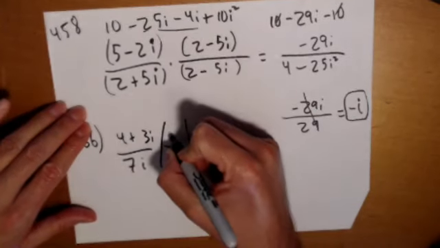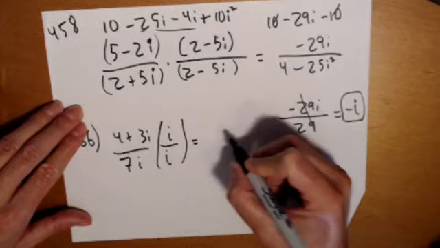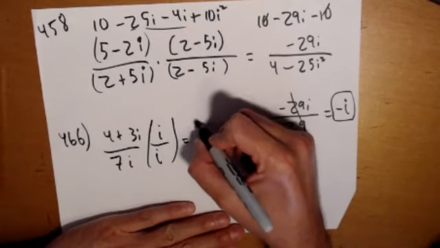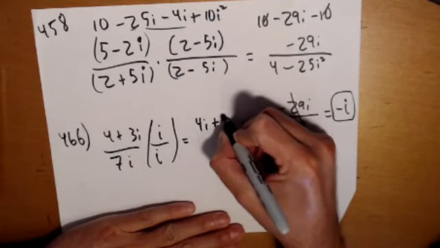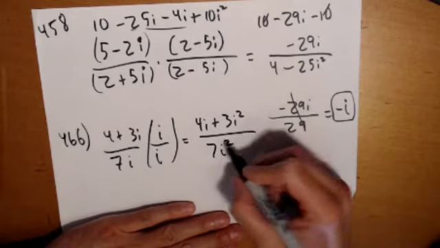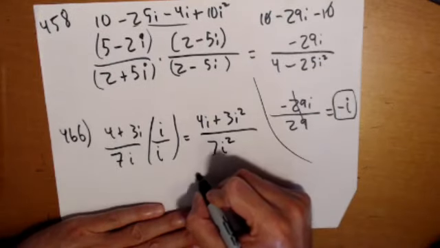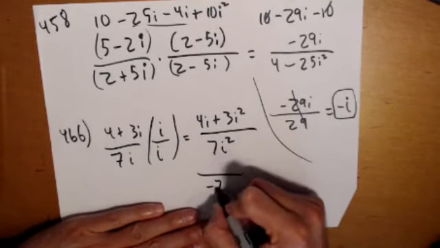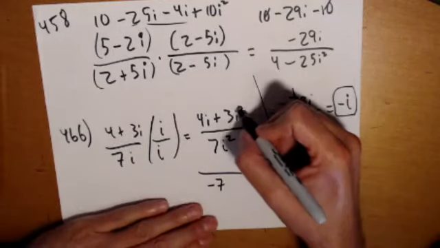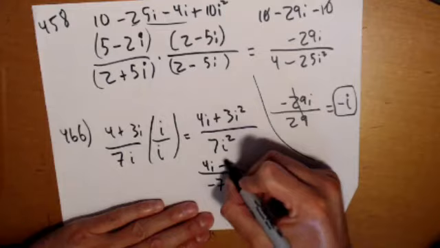One thing you could do is multiply by i over i, because that gives us 4i plus 3i squared on top. But more importantly, the bottom becomes 7i squared. Isn't i squared negative 1? So the bottom is negative 7. And the top becomes 4i, and that becomes a negative 3.